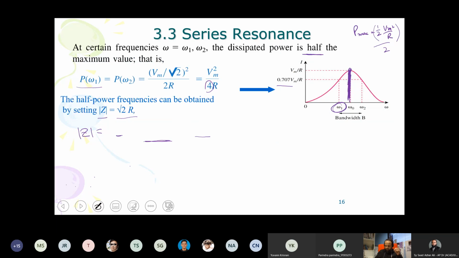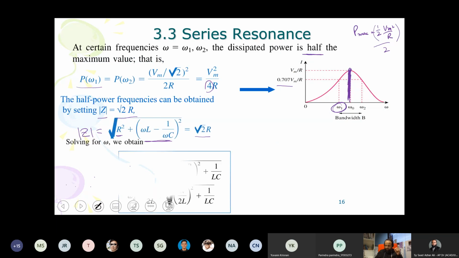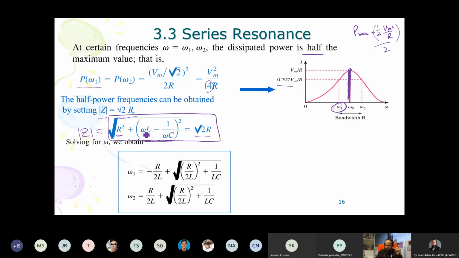So we use this expression and we just separate out omega from here. Because of the quadratic thing, we'll get two values, omega 1 and omega 2. They're actually the same except there is a negative sign here and no negative sign here. All the same except there's a negative sign here.